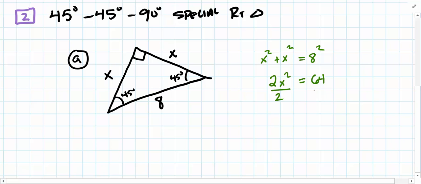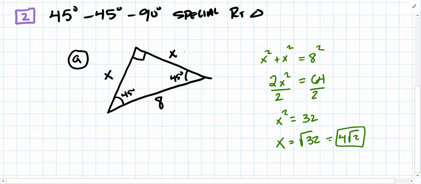So we're going to divide by 2, so that means that x squared has to be what? 32. That means that x needs to be the square root of 32. We need to simplify that, and you should end up with 4 radical 2. So if this is 8, this is 4 radical 2, and this would be 4 radical 2.